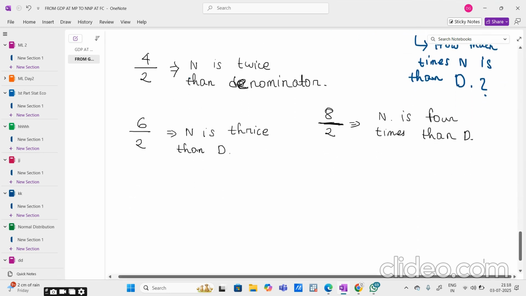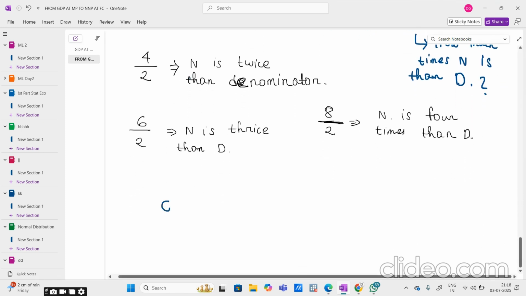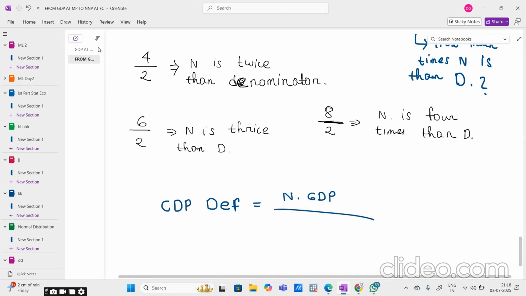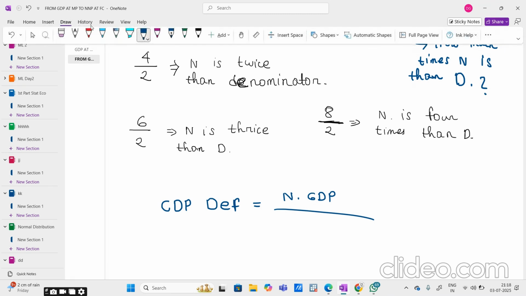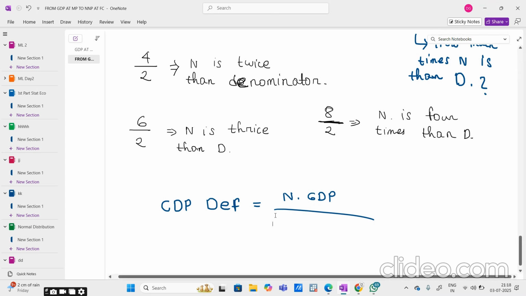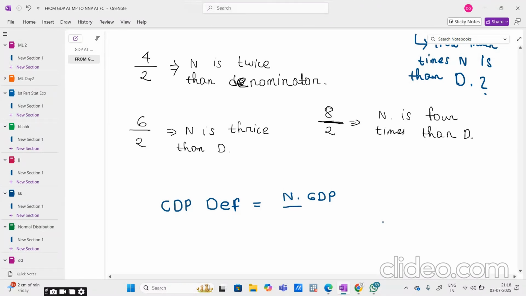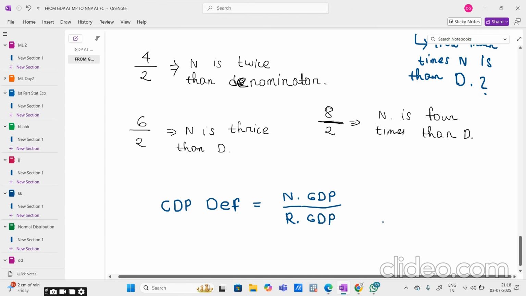I have given enough examples, so I don't think it is required anymore. Now let me explain with the help of GDP deflator. Let me write the formula of GDP deflator and you will easily understand this. GDP deflator equals nominal GDP by real GDP. So obviously, what will it tell?